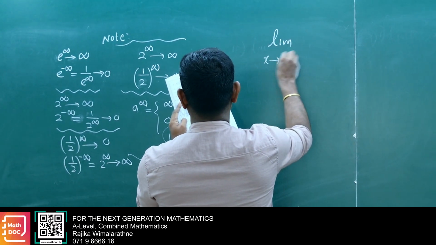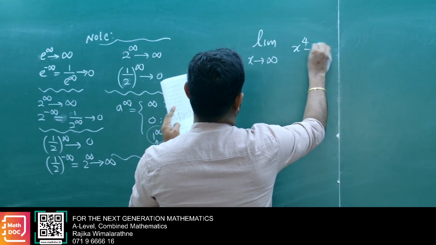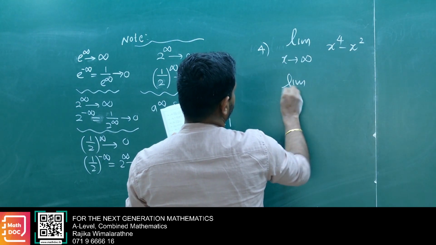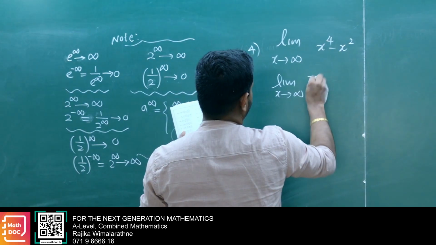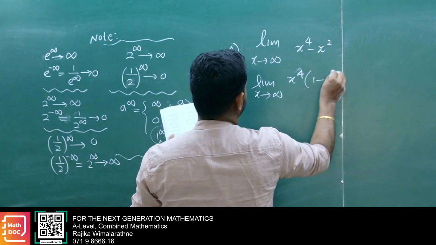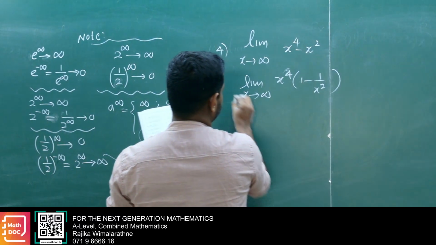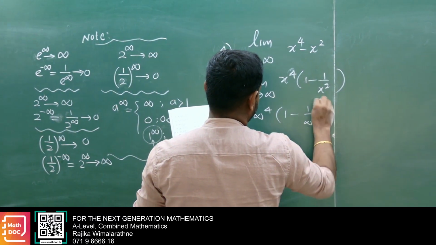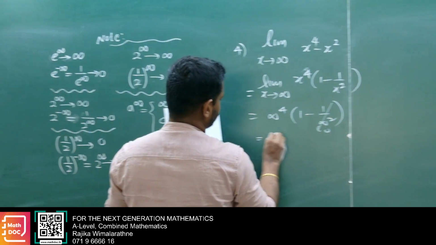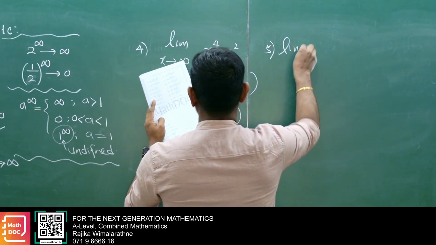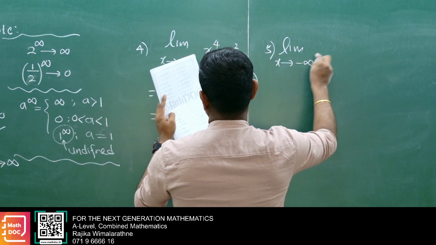Limit x goes to infinity, x to the power 4 minus x squared, here the fourth one. Take x to the power 4 outside. Then substitute infinity. Question number 5: limit x goes to minus infinity.